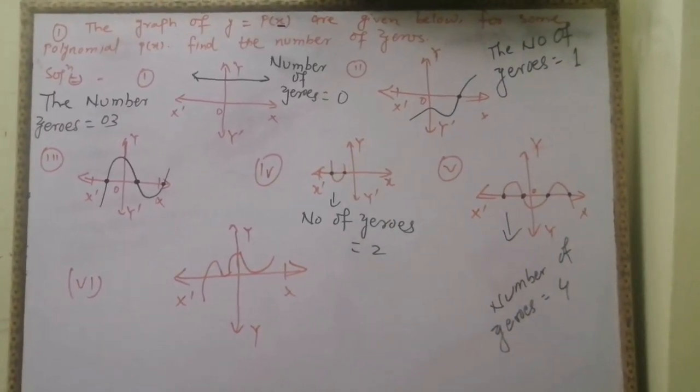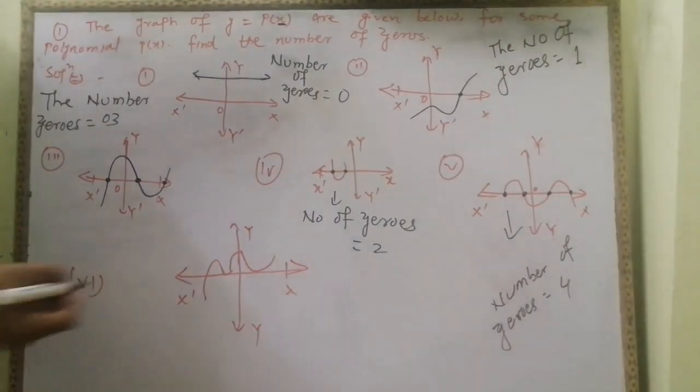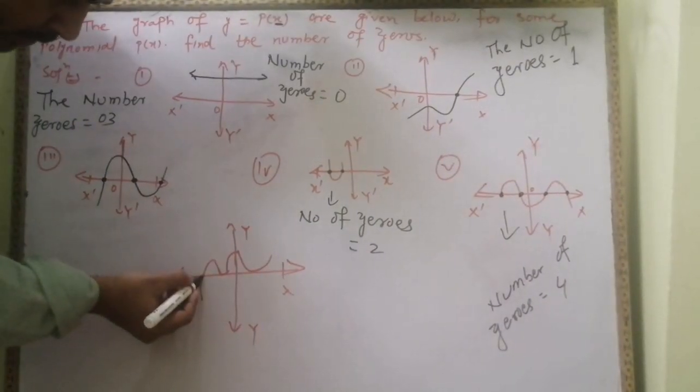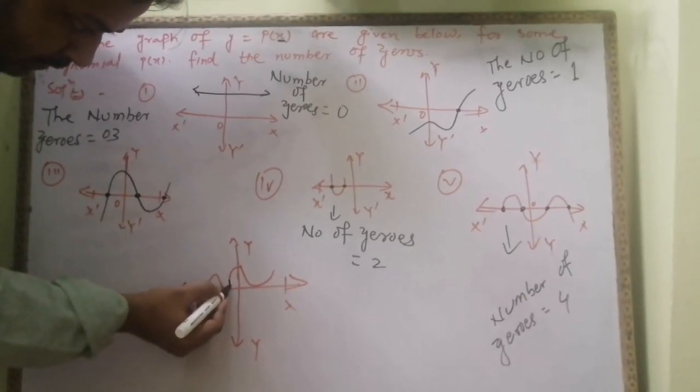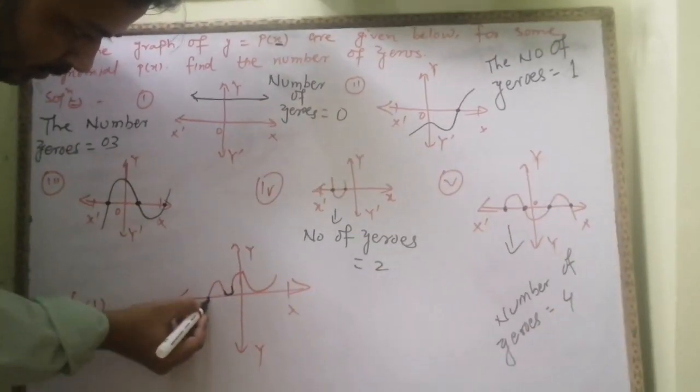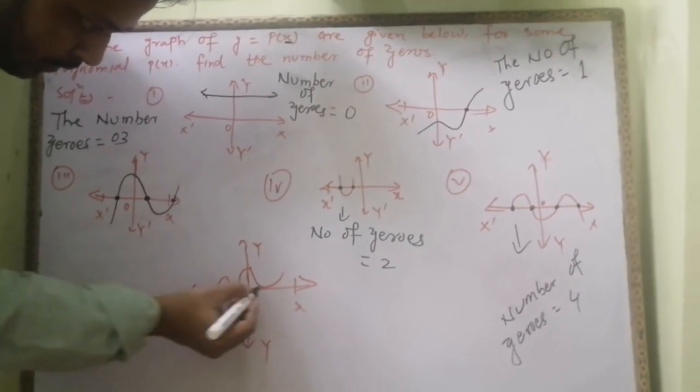Now here we are seeing that in this case the graph does not cut the x-axis, it only touches it. So this is 1 point, this is 1 point, this is 1 point.